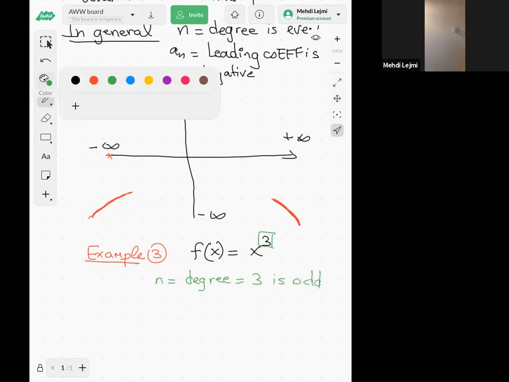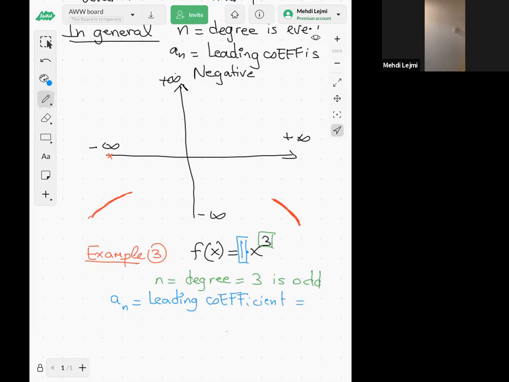Now, the leading coefficient: here it's 1 times x cubed, so the leading coefficient a subscript n is 1, and of course it is positive.